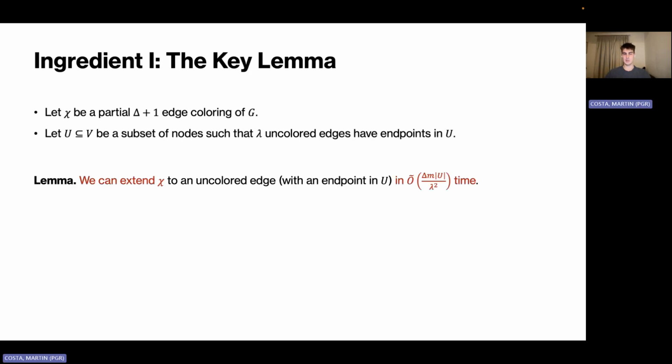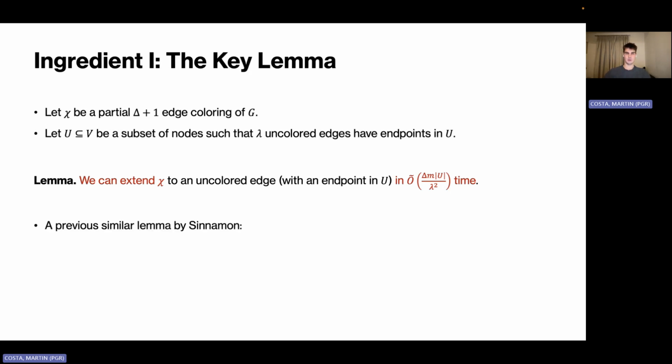We show in this key lemma that we can always extend this coloring χ to one of these uncolored edges in Δ m |U| / λ² time. This bound might seem a little strange. I'm going to elaborate on this in a moment.